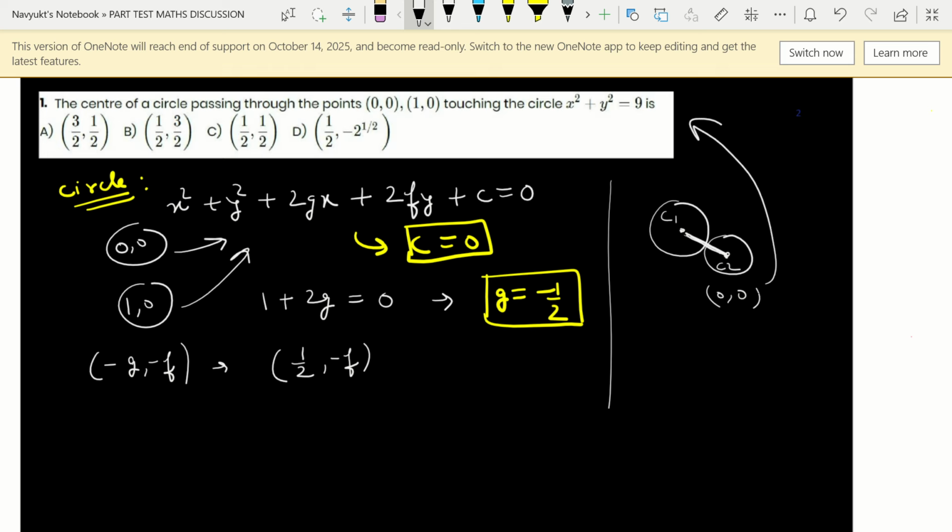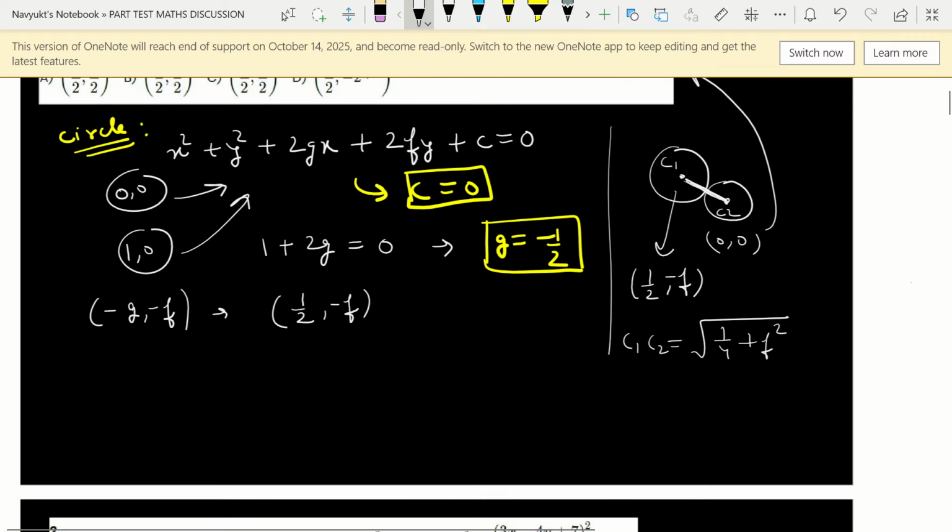The first circle's center is half comma minus f. So the distance between these 2 points, the C1 C2 distance, would come out to be how much? Root of 1 by 4 plus f square. Basic distance formula we applied. And then we will make it equal to the sum of the radii.